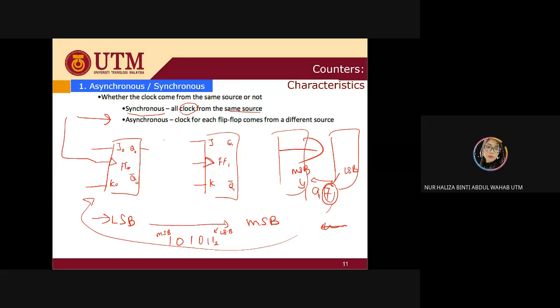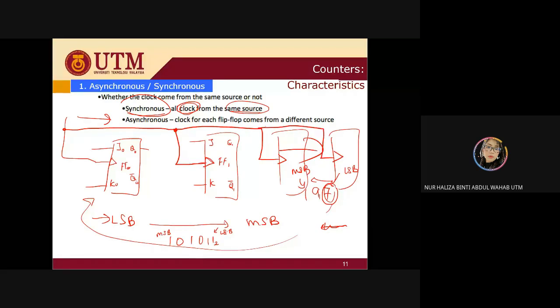And let's proceed with our connection. When you have the synchronized, it means it is the same source for your clock. So this clock here will connect to the similar clock at the beginning. If you have another clock, you're going to connect it together also, because it's going to be from one source, one clock.